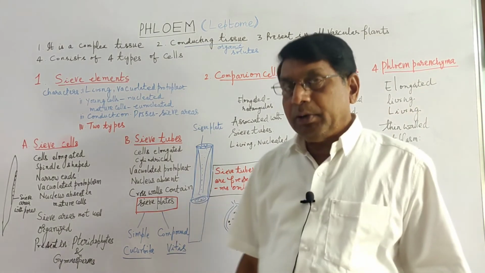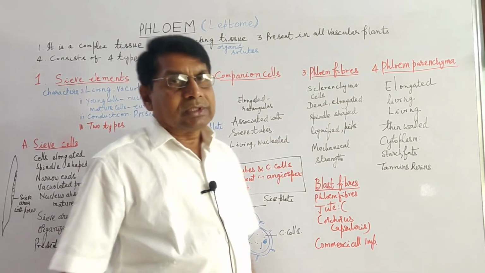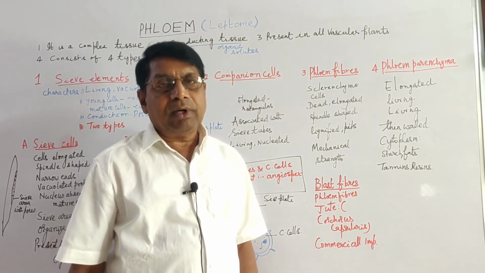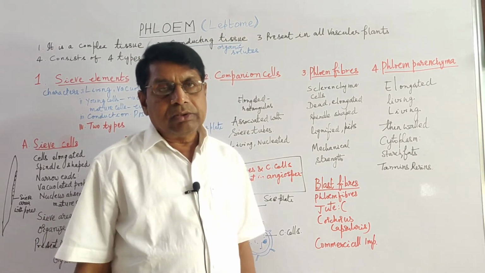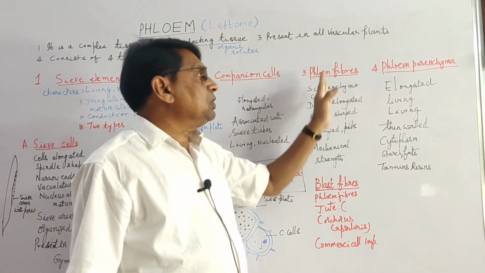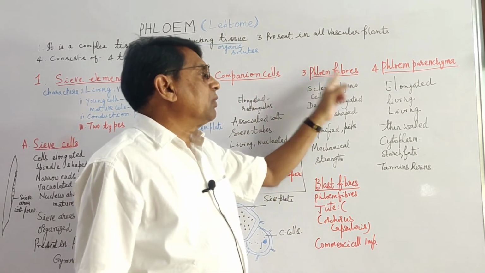Then phloem fibers. Fibers means sclerenchyma fibers, elongated with narrow ends, lignified, dead cells. All these characters we can apply here, but the fibers associated with phloem, present in the phloem tissue, are known as phloem fibers.